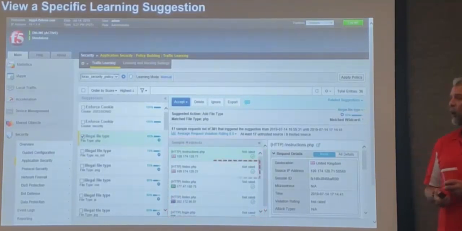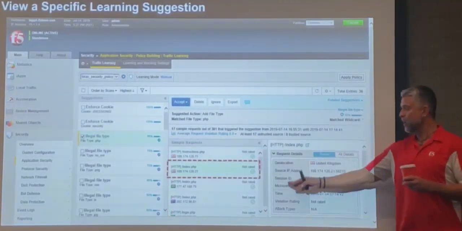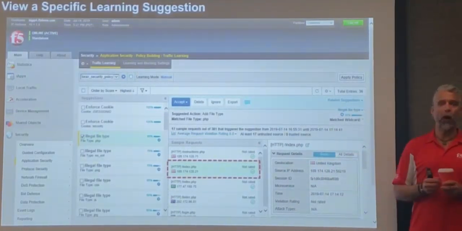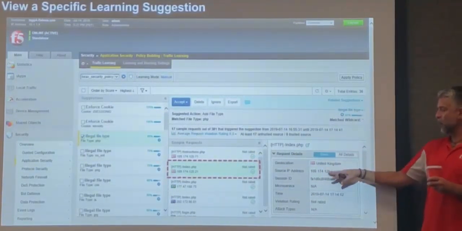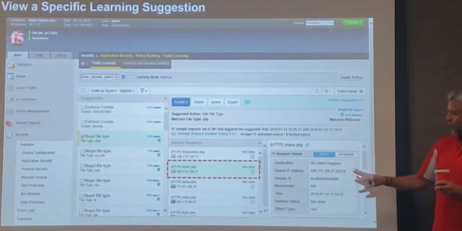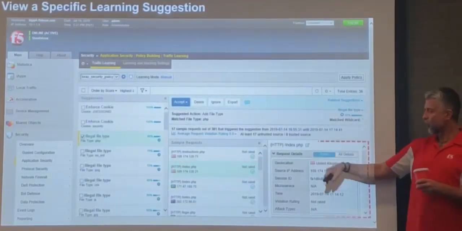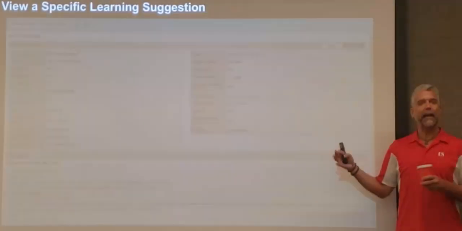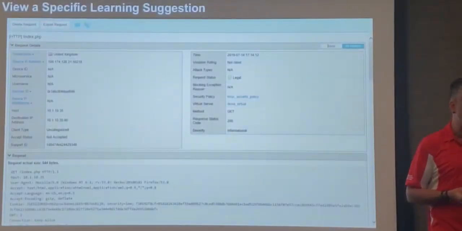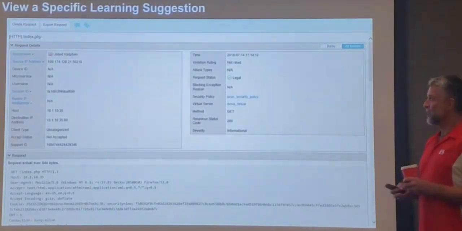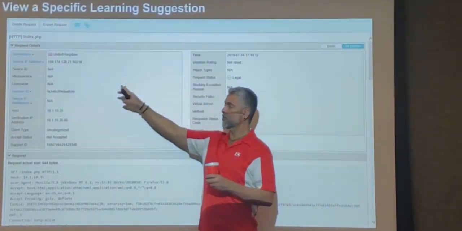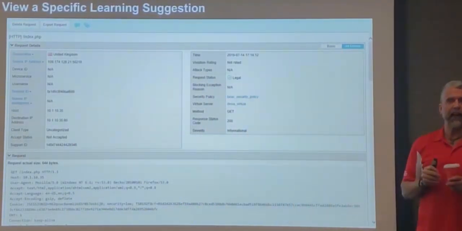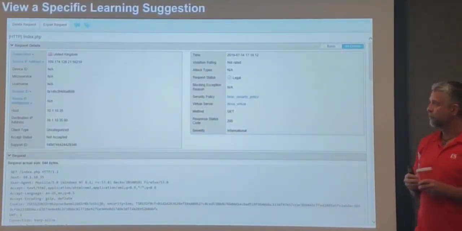I can select any one of these. And then over here, we get information about that individual request, where it came from, this information. Boy, it's really tight down there. So we have this little icon here that'll let you open up that, and there's so much data available. You can see everything about the request. If there's any possible attack types attached, you'll see that here.